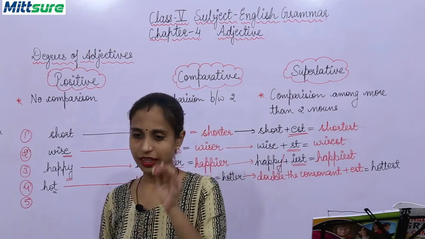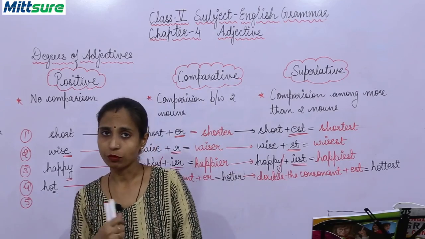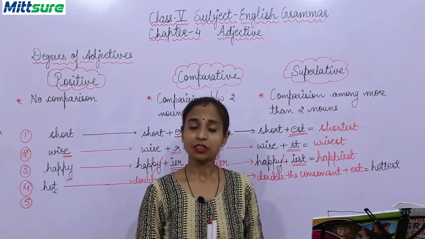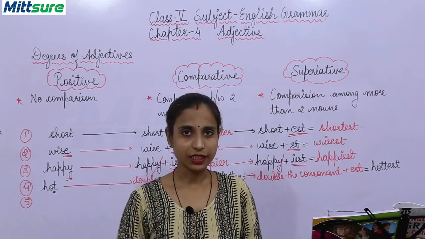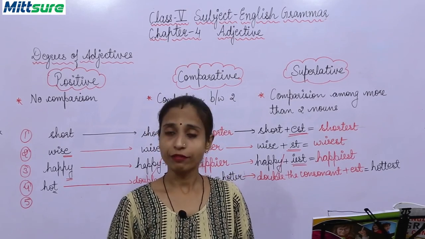There is also a rule for which words you have to add more or most to change the degrees. Children, there are a few adjectives which end with a suffix.